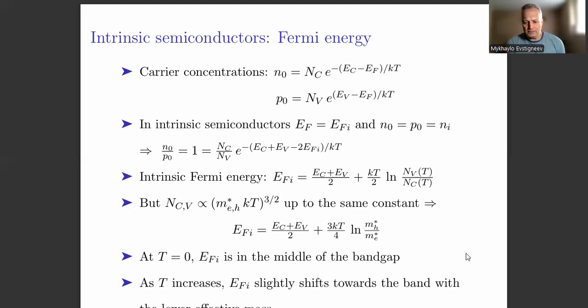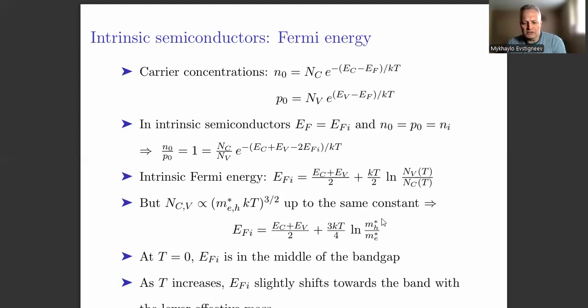And as the temperature increases, this temperature correction term shifts the Fermi energy toward the band which has the smaller effective mass. So if holes are heavier than electrons, then the ratio of hole to electron effective mass is bigger than 1.